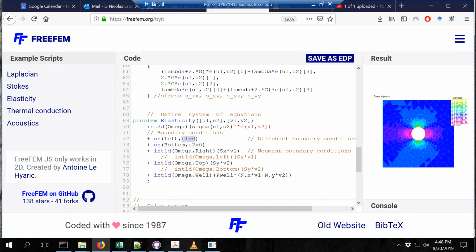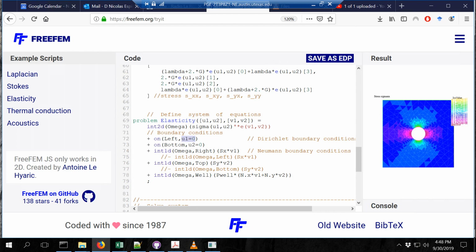Yes, which is equivalent to, in this drawing, adding here a condition in which you have elements that do not let that boundary move in direction 1, but they can move in direction 2. So imagine that as rollers on the left, but it does not let this move in direction 1.